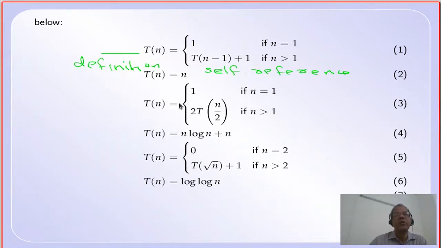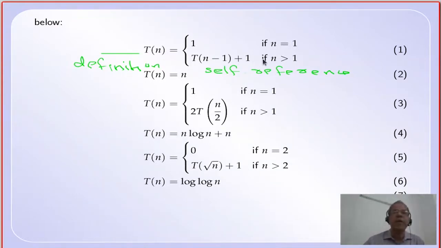Another example: suppose T of n is the running time and the input size to the recursive call is n by 2, and suppose the algorithm makes 2 recursive calls. Then T of n is equal to 2 times T of n by 2 if n is larger than 1, and when n is equal to 1, it does a constant amount of work, 1. And so on. Depending upon the algorithm, it gives rise to a variety of recurrence relations for the running time.